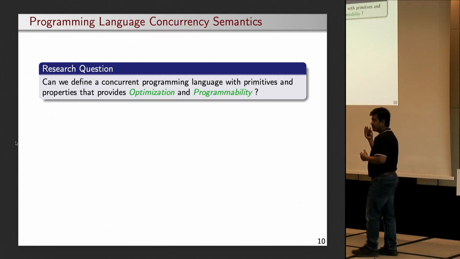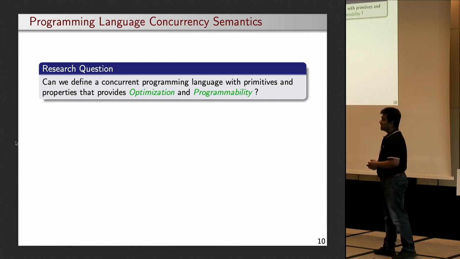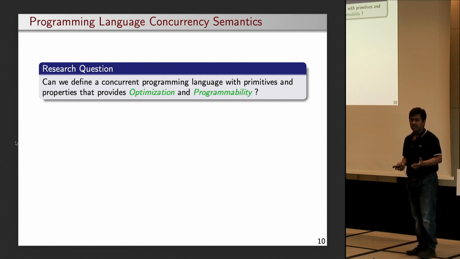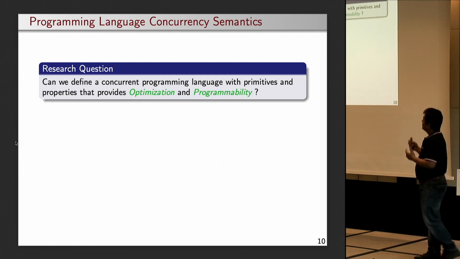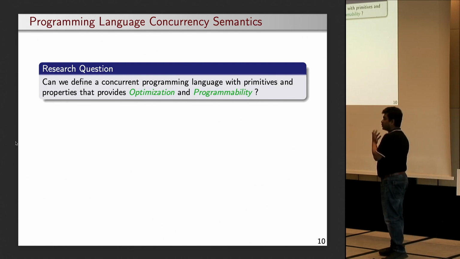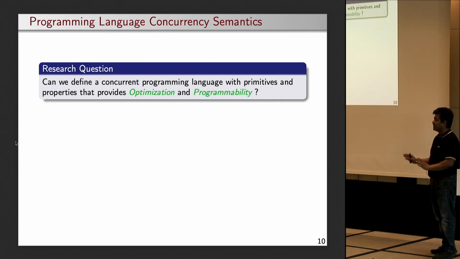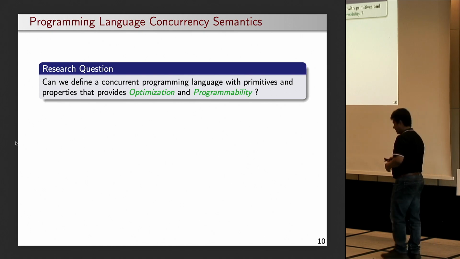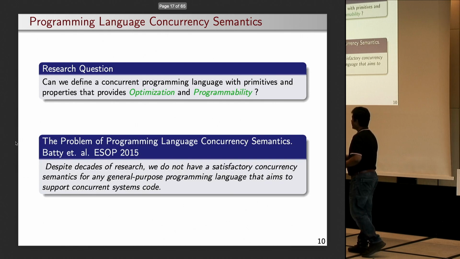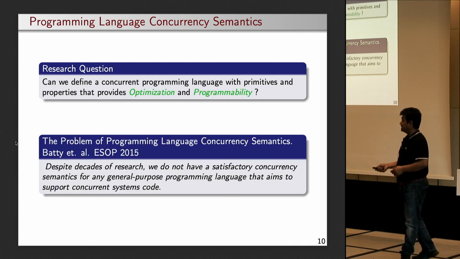So given this situation, there is a research question: can we define a concurrency model for programming languages which provides both optimization and programmability? Optimization is for performance, programmability is for correctness. Okay? And this is what you get as an outcome in this area.